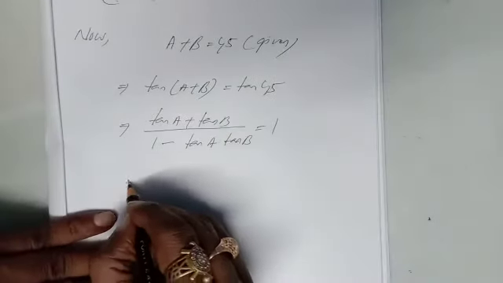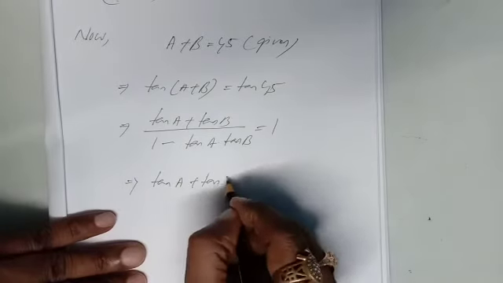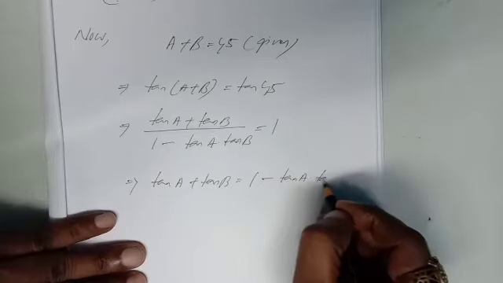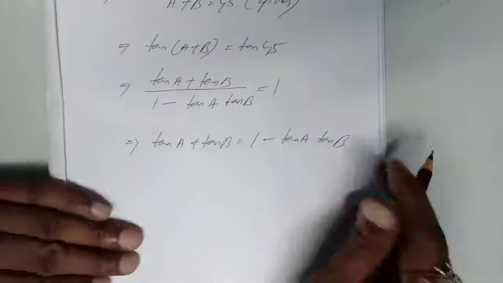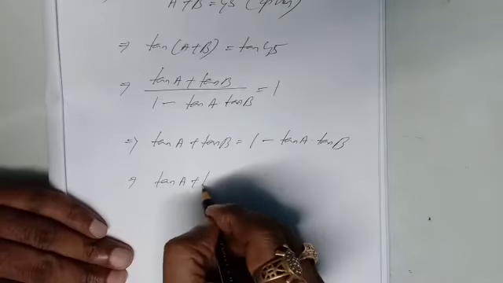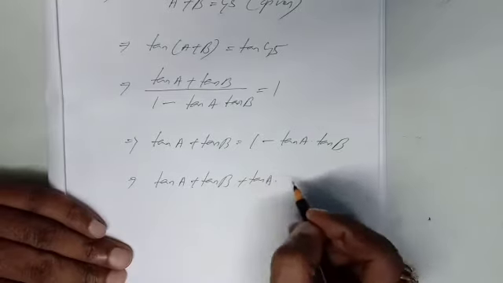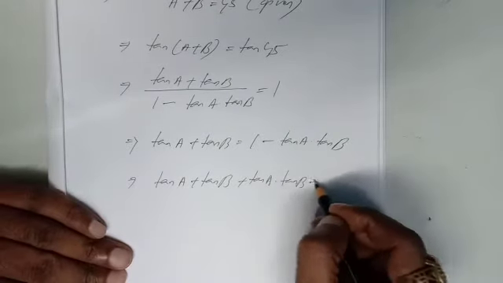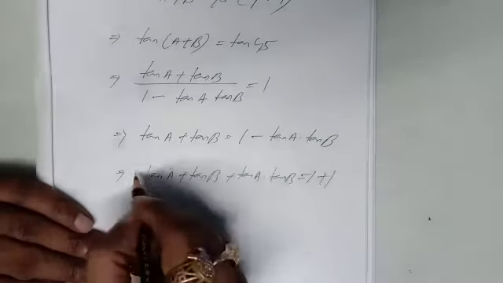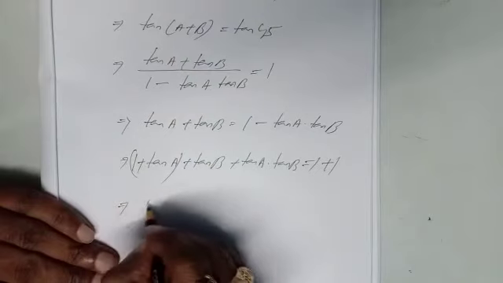Now cross multiply, this will be tan a plus tan b is equal to 1 minus tan a into tan b. Do one thing, bring this one to this side, this will be tan a plus tan b plus tan a into tan b is equal to 1. Now adding 1 both sides, make one group here. This is 1 plus tan a.